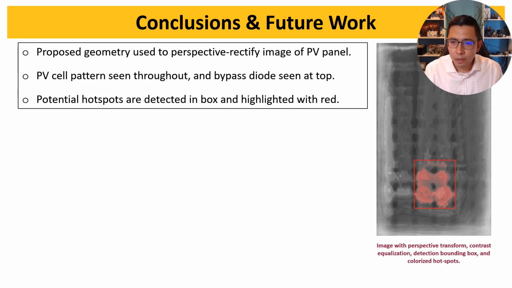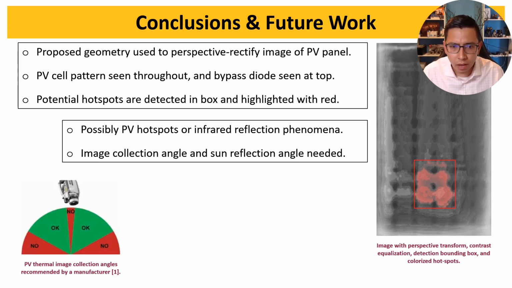Additionally, we can segment on a pixel by pixel level the potential hotspots in more fine detail. I say potential because there is the potential for errors. The glass surfaces associated with solar panels, they reflect infrared radiation from the sun, from other objects illuminated by the sun, which becomes a challenge.